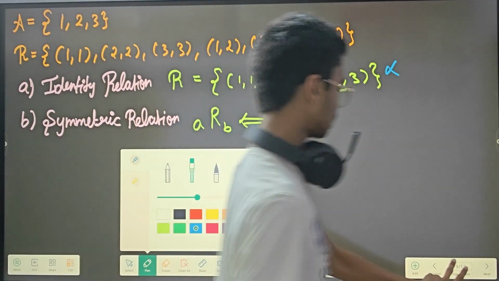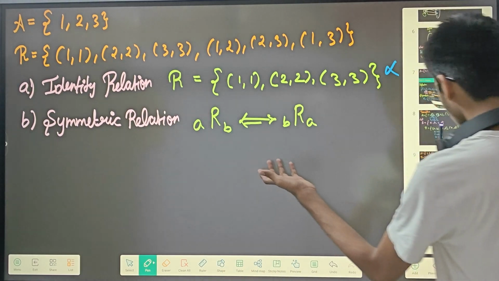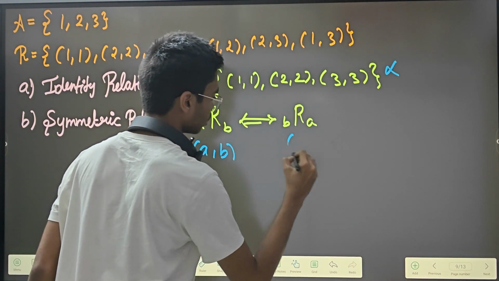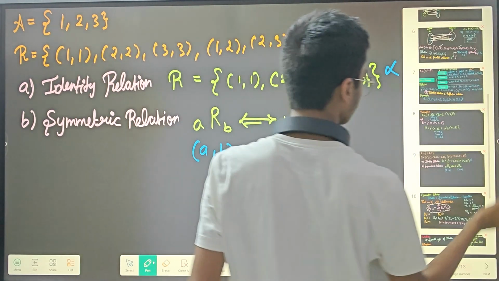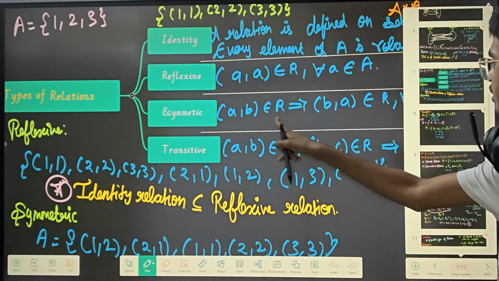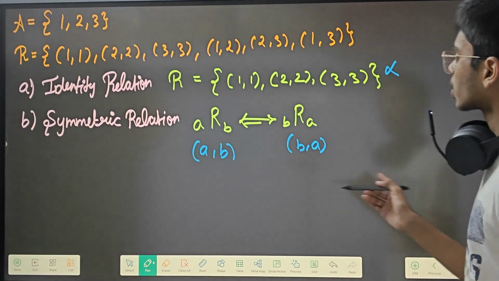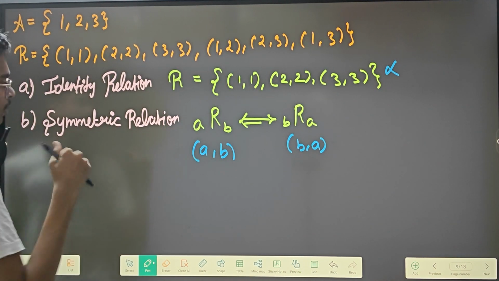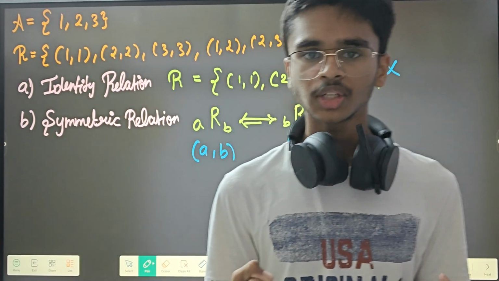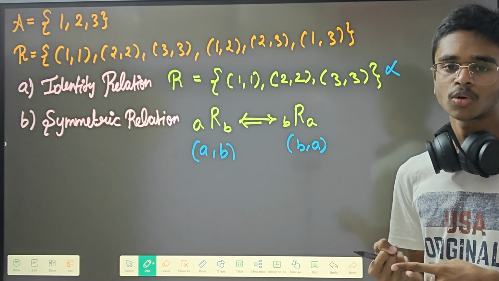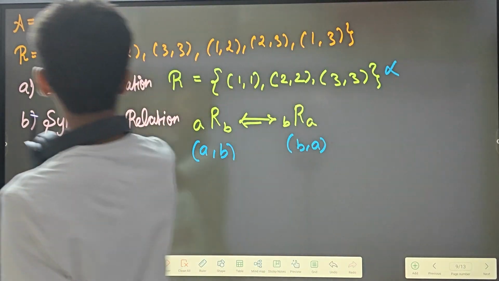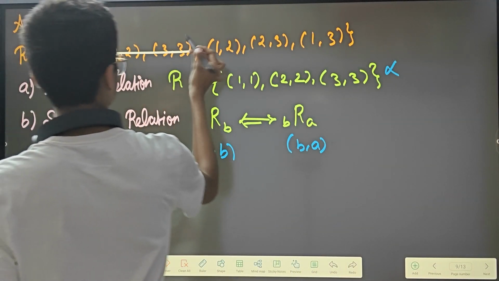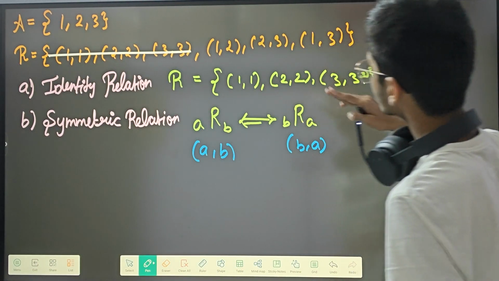We can also write it like this: (A,B) and then (B,A). This is what we have seen here. Now when you are checking whether a relation is symmetric or whether a relation is transitive, you have to neglect these 3. Then only you have to start the procedure.